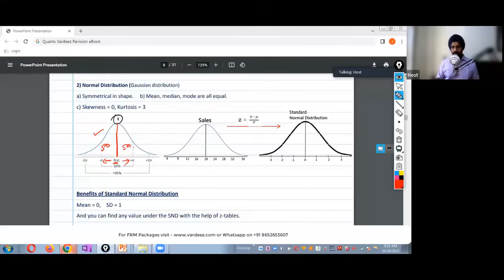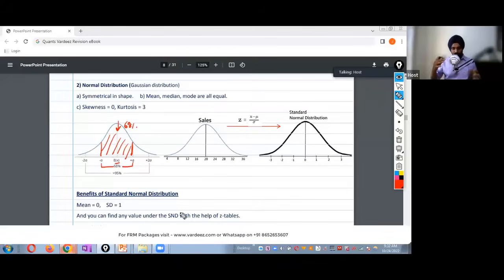Moreover, by looking at the normal distribution, there are some established features. Within one standard deviation away from the mean, there's going to be 68% of the data.